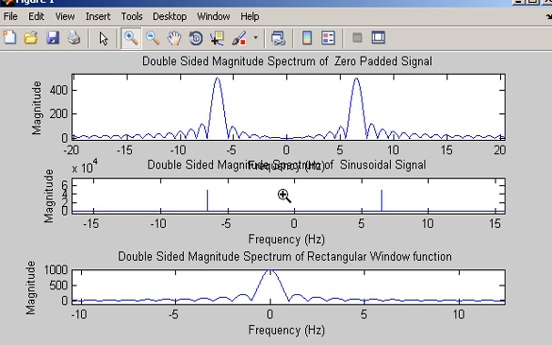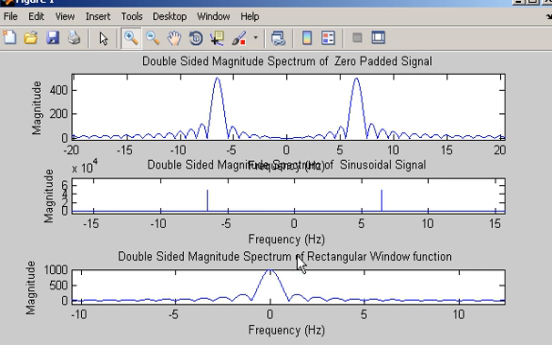So what we can see is at minus 6.5 and 6.5 we've essentially got this lower spectral shape repeated. And what's key to take away from this short discussion is that the spectral shape associated with each of the sinusoids is influenced by the shape of this lower waveform, which is the magnitude spectrum of the window function that's used.